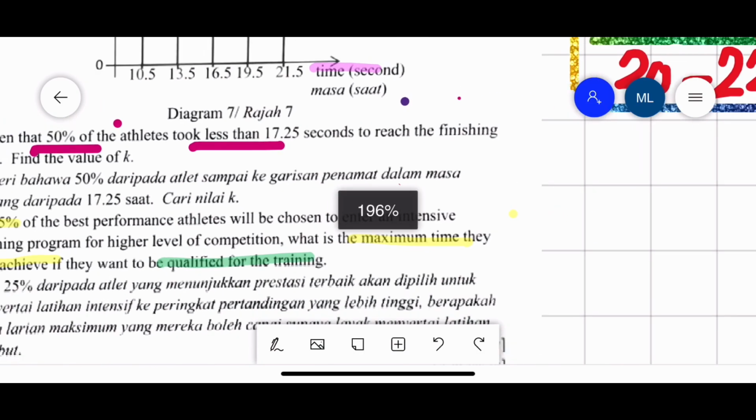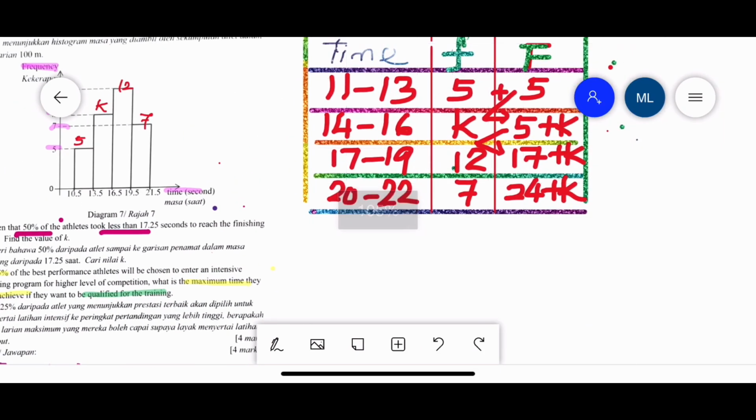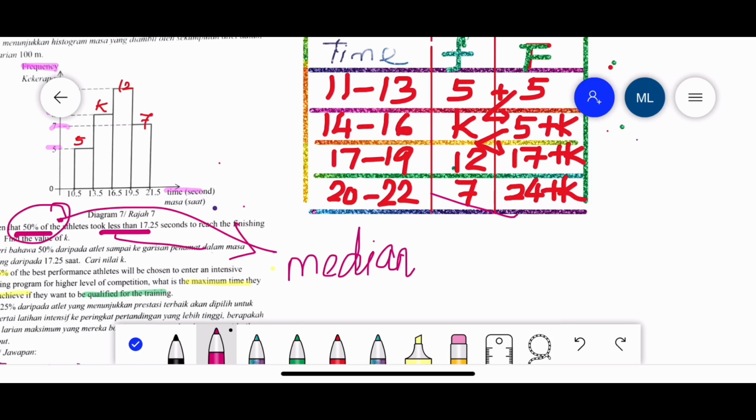Okay, now you need to use a formula that you obtain from the formula list, which is the median. You can copy down median is equal to L plus, okay, because of 50%, so we'll find the median. So let's copy down the formula from the formula list.